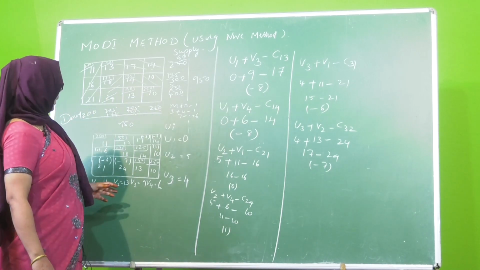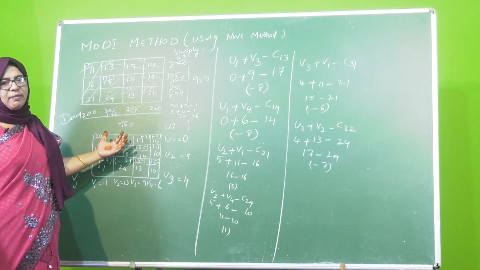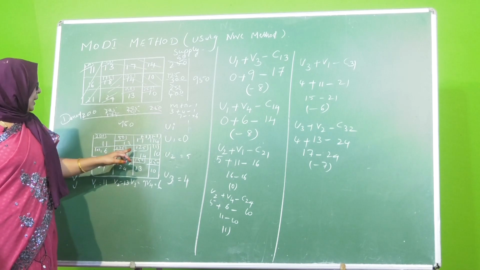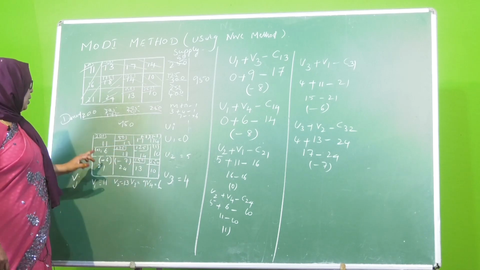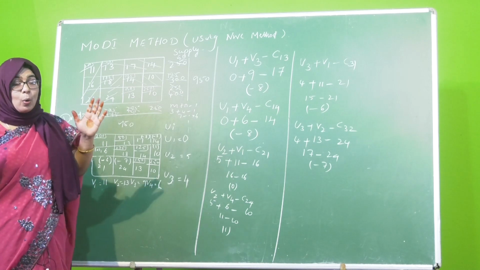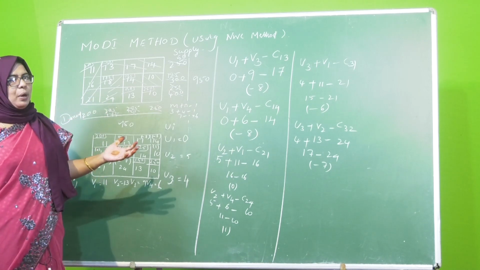Now we have the allocation of all dummy values. These are the original allocations and these are the dummy allocations. Among the dummy allocation values, we have to choose only the positive value. If all the values are negative, the problem is over.